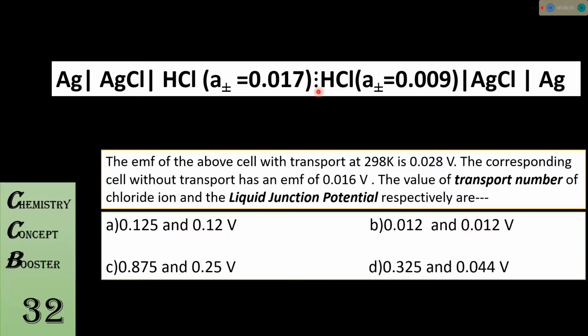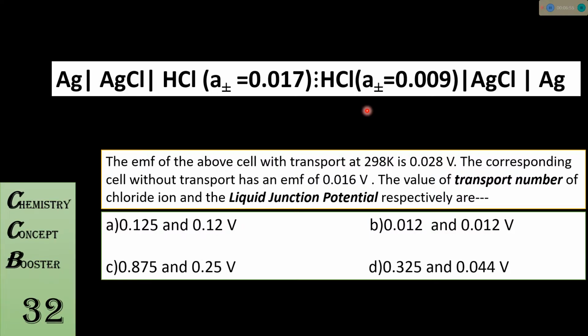Due to this migration of ions, a potential is generated across the liquid junction, and that potential is known as liquid junction potential. And this type of cell, where migration takes place due to concentration difference of electrolyte, is called a cell with transport.